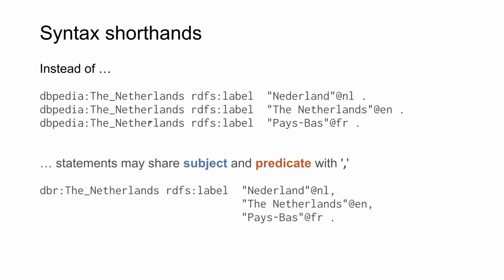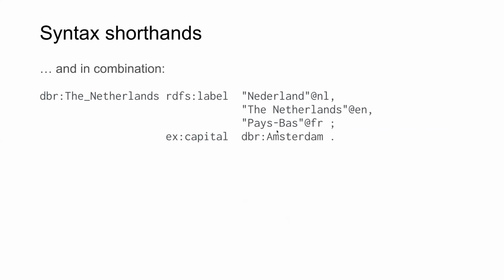Additionally, when you have triples that share both the subject and the predicate, you can use a comma. So the Netherlands, rdfs:label Nederland in Dutch, then the Netherlands in English, and then Pays-Bas in French, full stop. So here you use a comma. And these things can actually be combined.